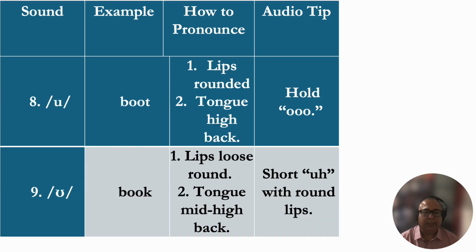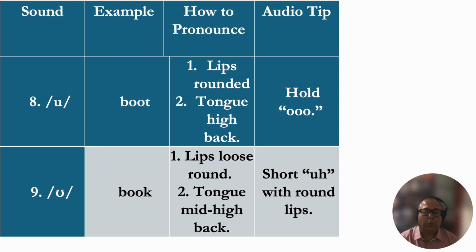Okay, 8 and 9. These two vowels are also a pair. One is long, the other one is short, so it's a minimal pair. Ooh, as in boot, boot. Notice how my lips are rounded and tongue is in the high back.